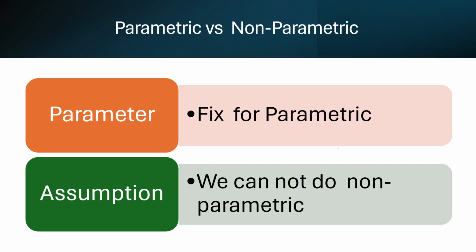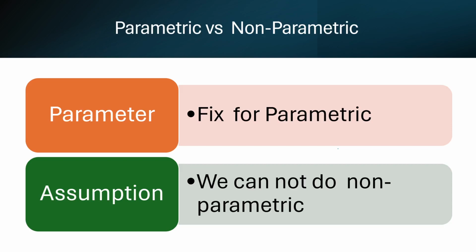One important topic in machine learning is parametric and non-parametric. By name, if we think that parametric means it has a parameter and non-parametric means it has no parameter, then we are living in paradise. That doesn't mean that in parametric the number of parameters is fixed.